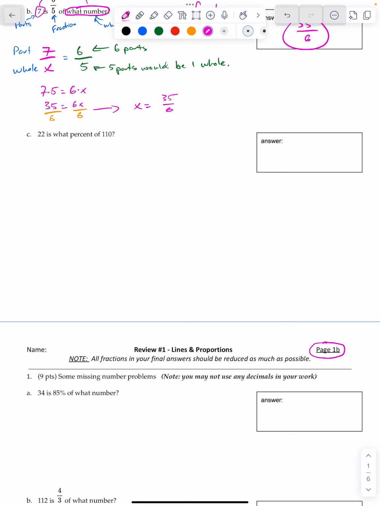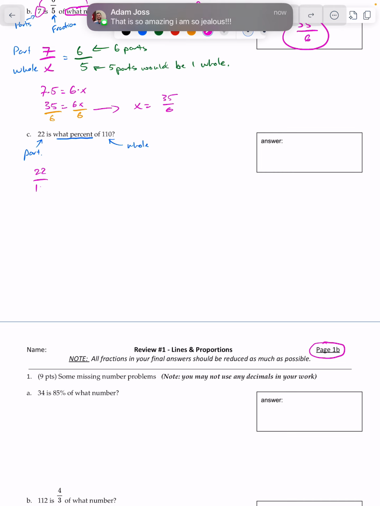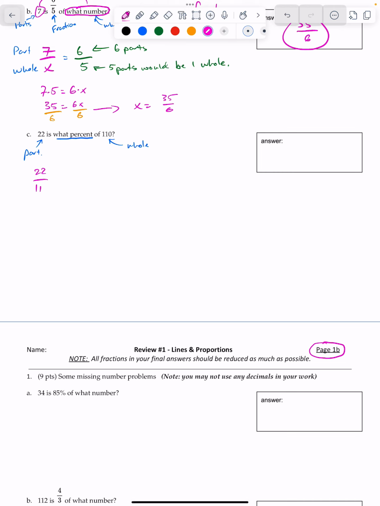22 is what percent of 110? So again, this is our whole. That's our part. And we don't know what the percent is here. So we're going to say 22 is to 110 as some percent is to 100. So now I don't have to cross multiply, so I am not going to.